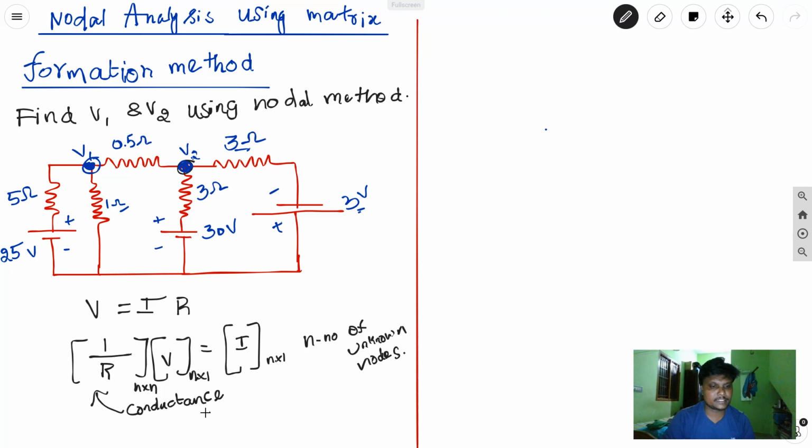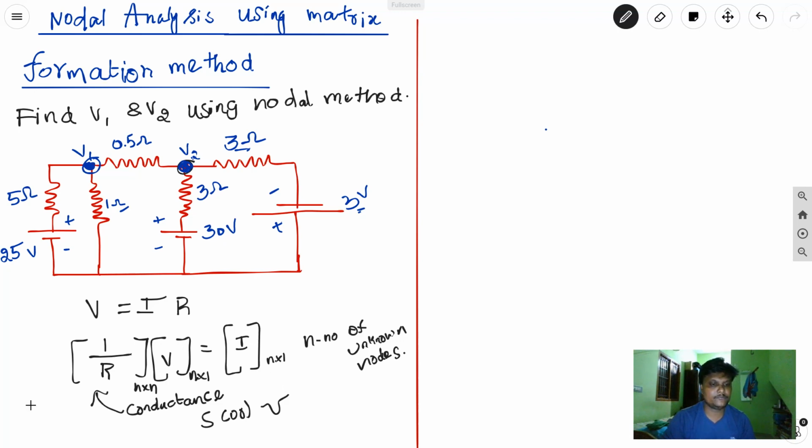We simply write that as S, or we can also represent conductance with the symbol inverse of ohm. Okay, like this, right? So do remember the first matrix is the conductance matrix, the second one is the unknown voltage matrix, and the third one is the current matrix.